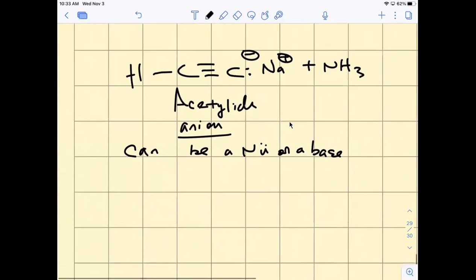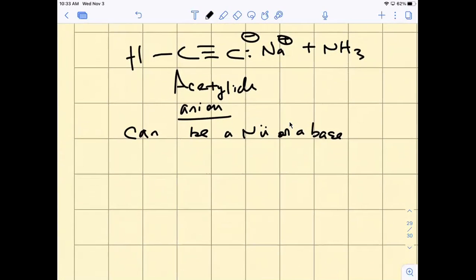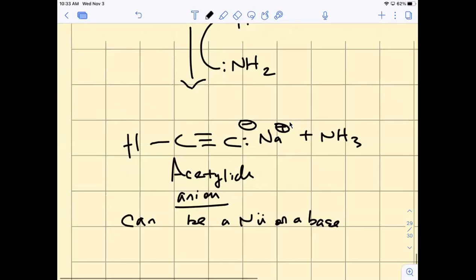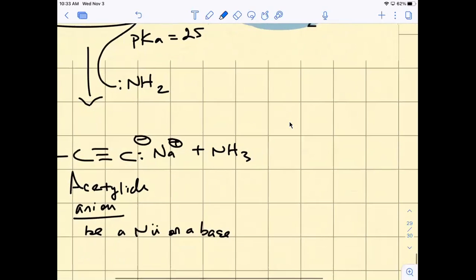It can be a nucleophile or a base, right? It depends on what you reacted with. So in this case, we're going to react it with what's here. And that is, right, this benzyl iodide.